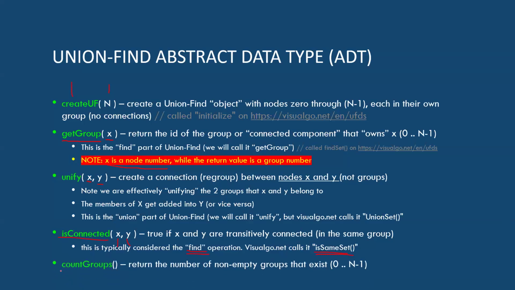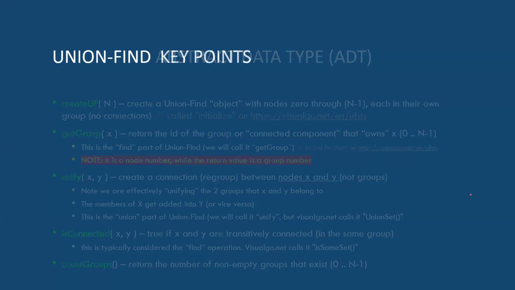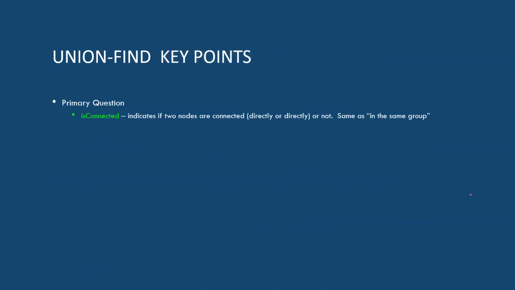And then if we count the groups or sets, that just says, hey, how many islands or how many connected components do you have right now? So we're kind of seeing similar things in our connected component class. Again, really all we care about is, are we connected? Can we talk on the phone together? Have no idea how long that path is, how many there are, but we'll use our union find to answer that.